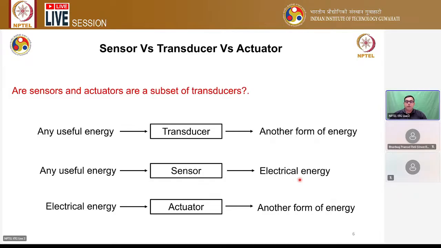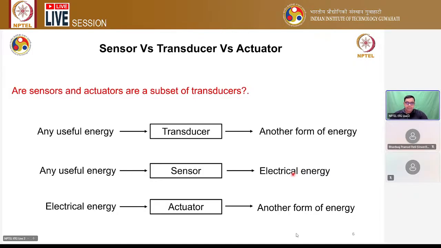So essentially you are converting one form of energy to another form of energy, and the sensor is a subset of a transducer, because you are converting one useful form of energy to another. A transducer does not define this other form of energy, however a sensor does. So in the sensor, the output form of energy is fixed, which is electrical in nature.